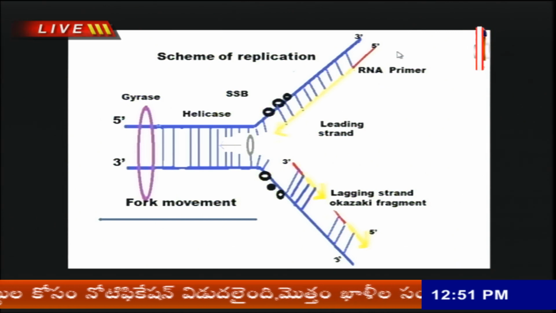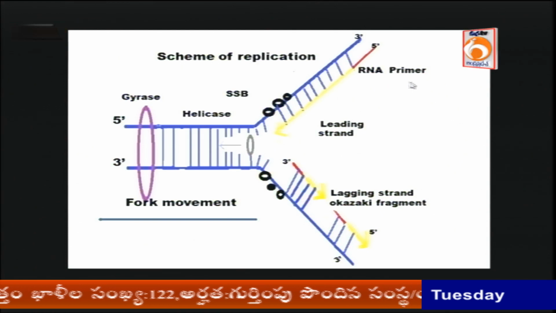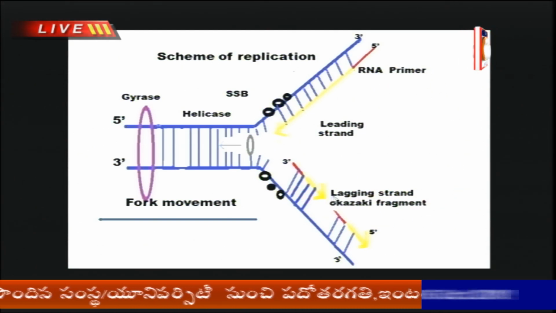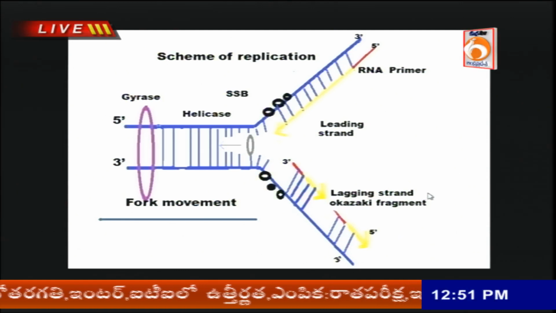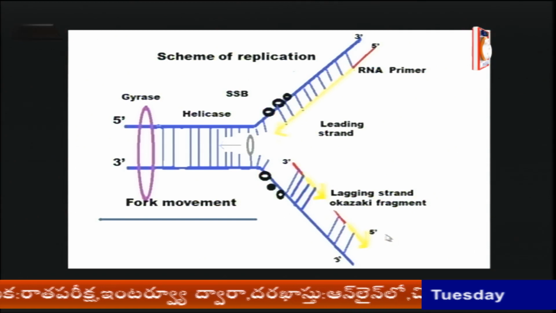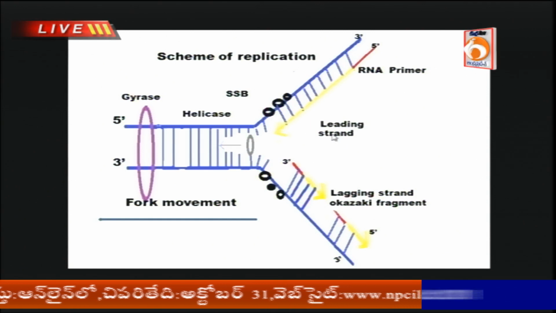One strand is synthesized continuously, requiring a single primer, and the other strand is synthesized discontinuously. This is called the lagging strand. Here you can see multiple primers are synthesized, and then the fragments are sealed by the enzyme DNA ligase.